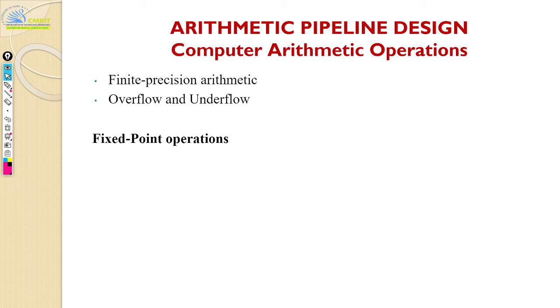The first one is fixed point operations, and this is what we are generally used to. We come across it in everyday life too. Fixed point arithmetic says, as the name suggests, that if you have a 16-bit number, you fix the decimal point at some place and then you don't move it. You choose that precision even before anything starts.